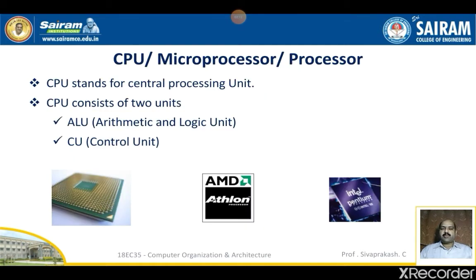Next, the microprocessor is nothing but a CPU. CPU stands for Central Processing Unit. The Central Processing Unit carries out all the computer program instructions. Choosing the right CPU has a great impact on performance.